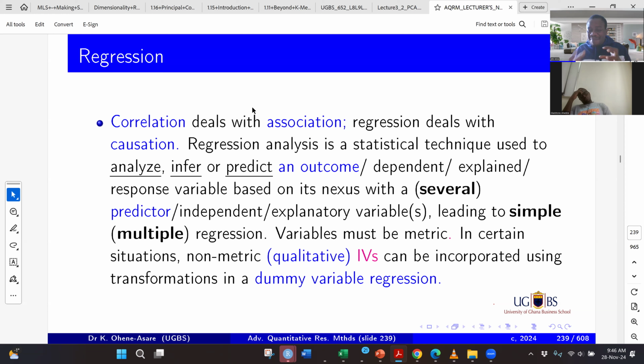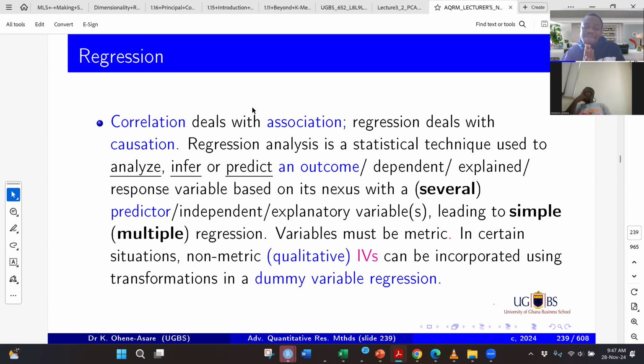So you want to examine the linkage between a dependent variable and multiple independent variables. These independent variables are also called predictors, regressors, or explanatory variables. Please take note. The dependent variable is also called the response variable, outcome variable, or explained variable.